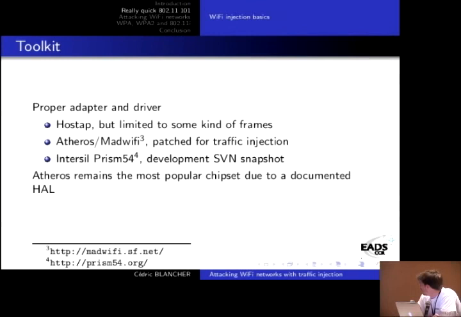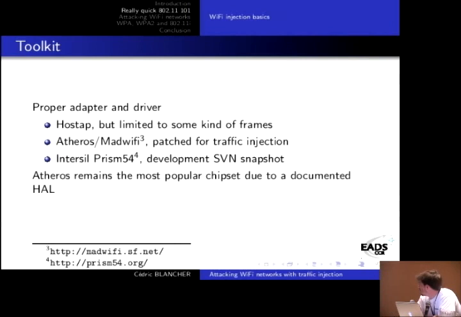So, some good hardware. Prism 2 and all Atheros network adapters work very well, and Prism 54, which is the next generation of Prism hardware, with the appropriate driver. For Atheros, it's the MadWifi driver, so it needs to be patched.